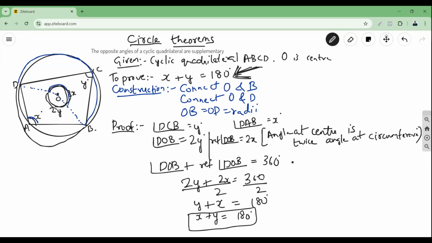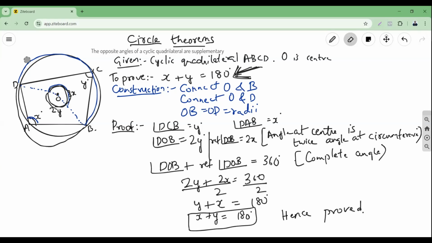Do we need any other reasons here? No, we can say it's a complete angle, that is 360 degrees. And here there's no reason, I'm just going to divide them, and thereby I'm getting it. No more reasons are required and hence we have proved it. It's as simple as that.